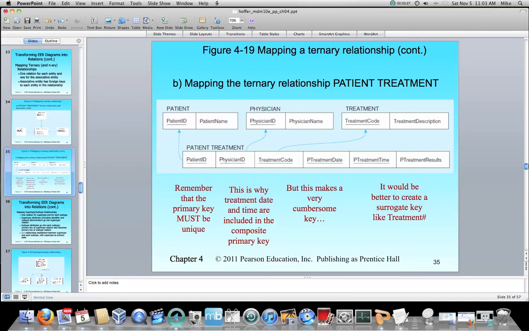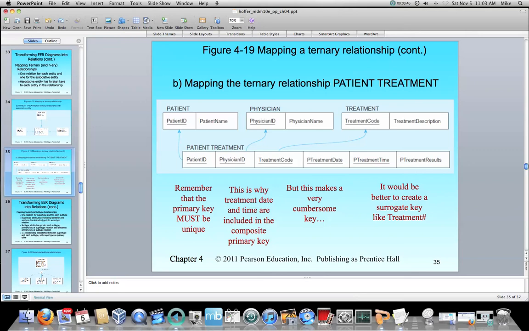Now this is a case, and this is much more of an unusual situation. This would be a case where you would probably make a patient treatment ID instead of having five different attributes combined to make a primary key.